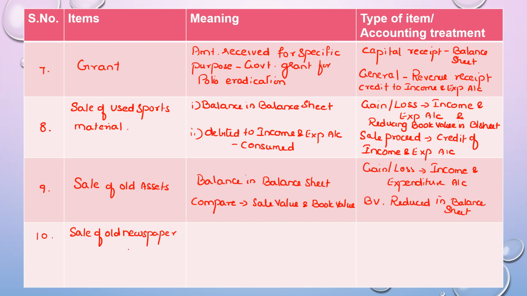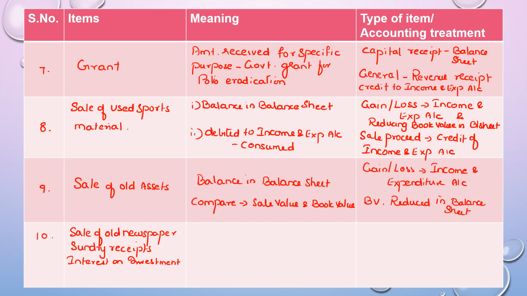Other than this, you can have certain other items like sundry receipts, any receipt, like you can have interest on investment. And here we are not talking about any specific investment related to some fund. Fund balances might be invested outside and interest might be received.